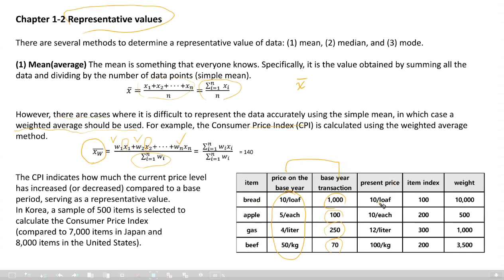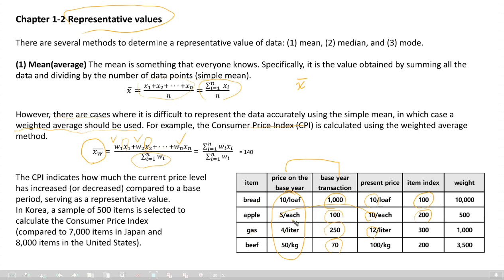Present price, bread 10. Then what? The price does not change. Apple each 10. So what is this? What is the item index? 200. Okay? This is 100. And gas is 12.